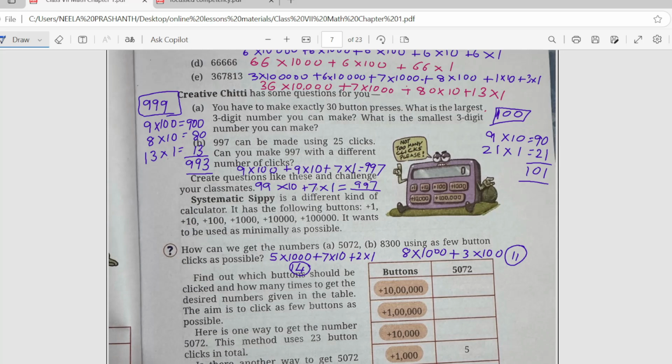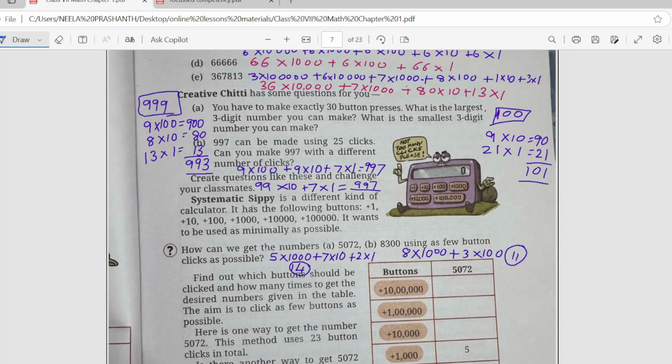So 7. 990 plus 7, 997. So this is one way of getting the same number by making different number of clicks. So children, you also can try and get the same number 997 by changing the number of clicks. But when you write it in expanded form, you should get the same number. Number of clicks can be different.